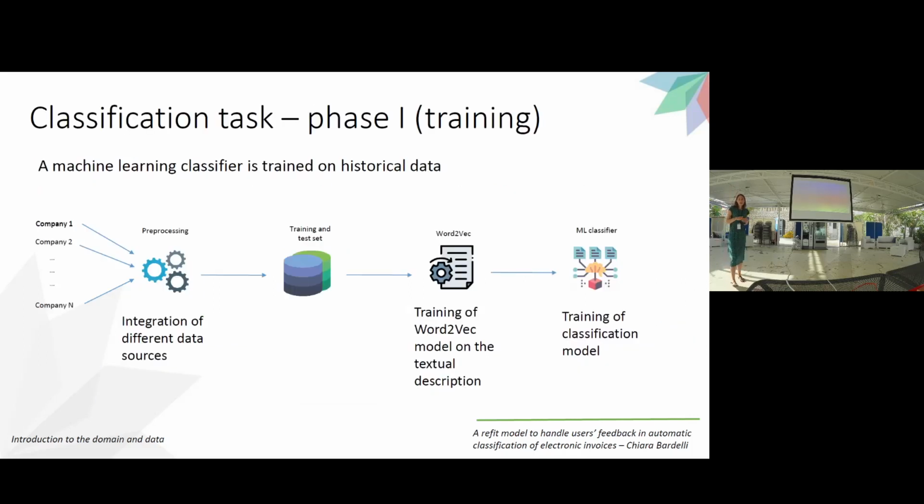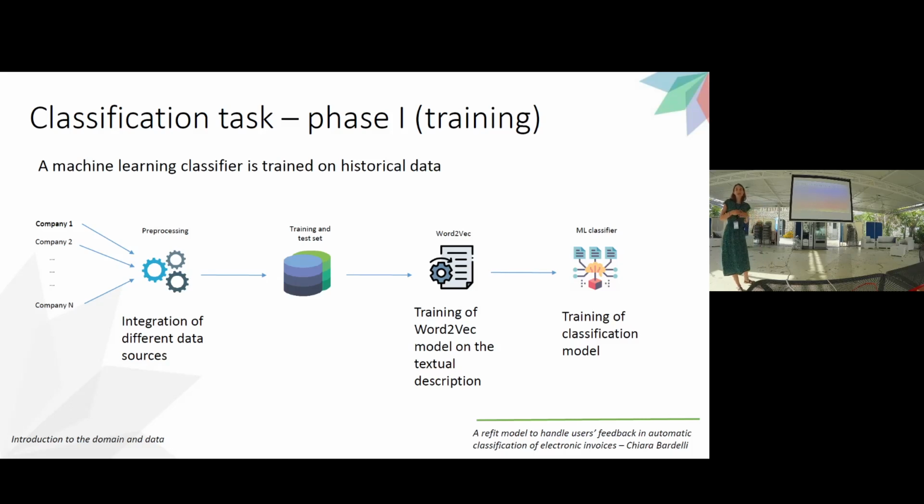So we have a first phase that we already concluded, that is the training phase of our model. At the beginning, we integrated different data sources from different companies, so we had a problem of matching these data sources.